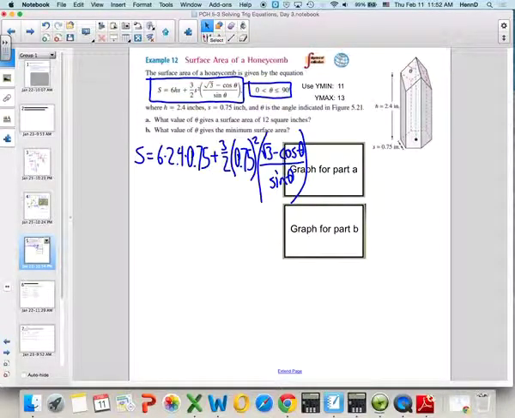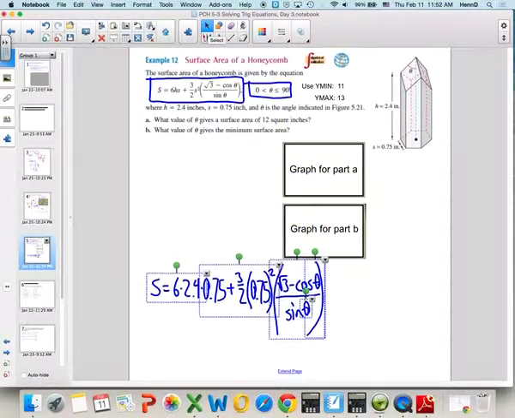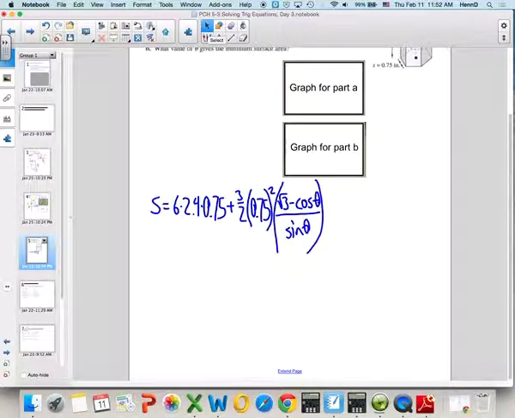All right, so now notice what we have. We have our entire function written in terms of theta. All I did was plug in h and s like they gave us. h is 2.4, s is 0.75. Okay? So, we need to multiply all this together.